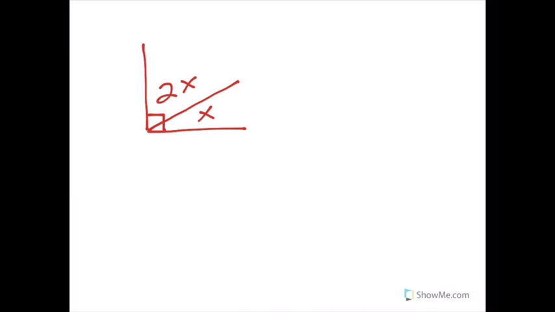Finally, we can get situations where we are given variables as our angles, but we're told that these are complementary, they're 90 degrees. So angle 1 plus angle 2 must equal 90 degrees.